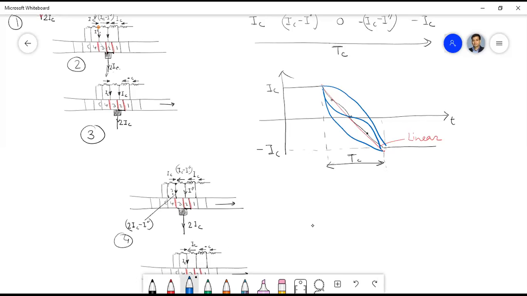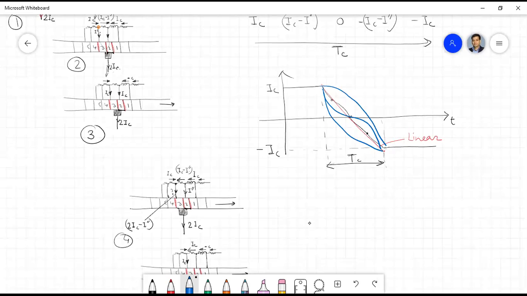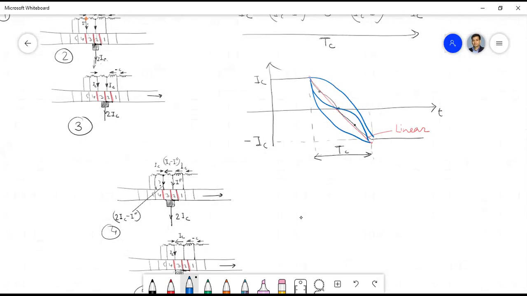Suppose the coil has only resistance, then we'll get the resistance commutation, which is like this. And if we have some inductance in the coil, then we'll get the under commutation. So this is the under commutation, and this is the over commutation.